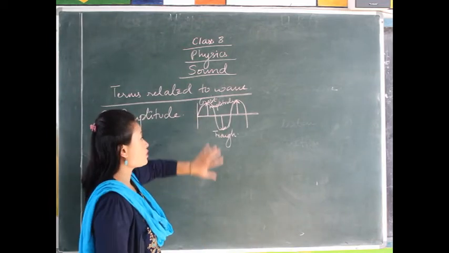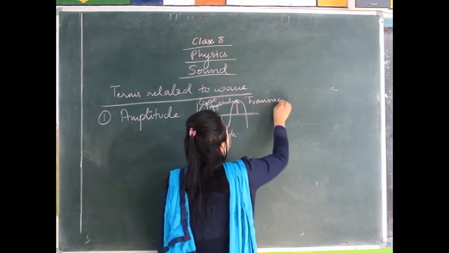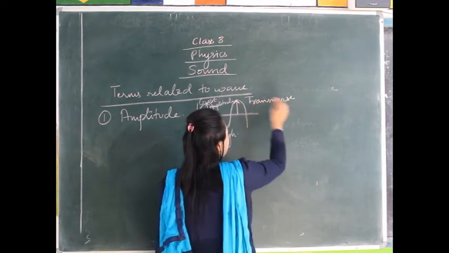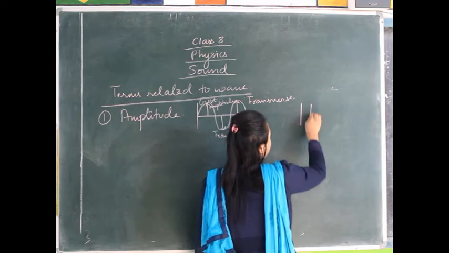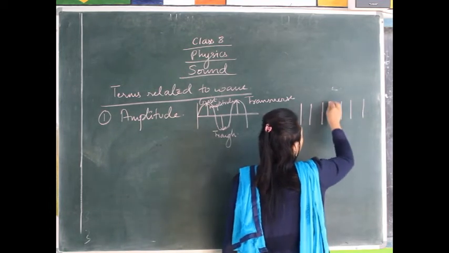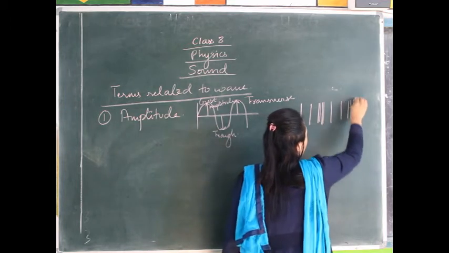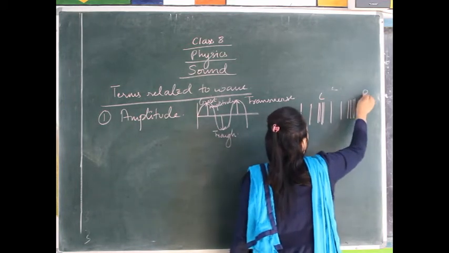Okay, this is in case of which wave? Transverse. Now in case of a longitudinal wave, what did I tell you? The particles come closer, they move to and fro. This is your compression, this is your rarefaction.